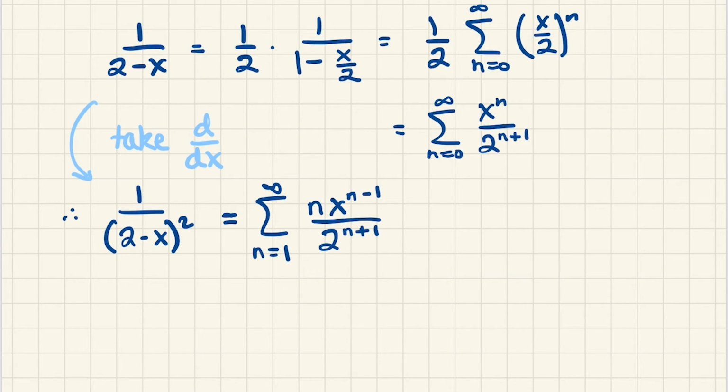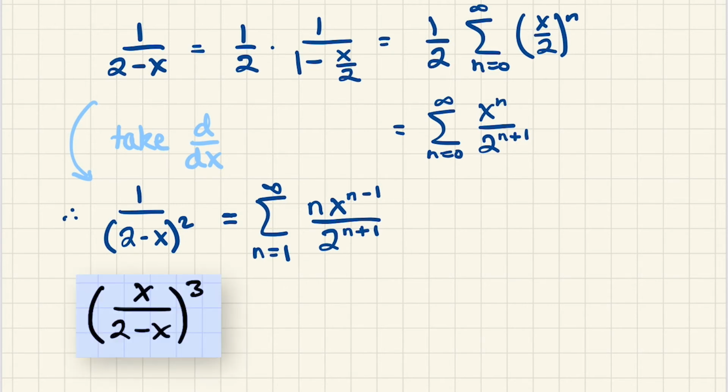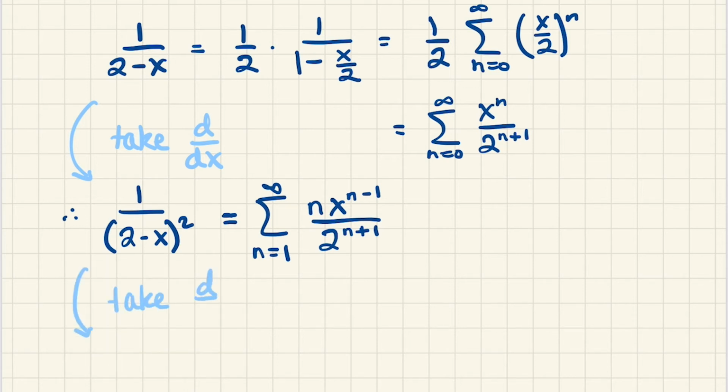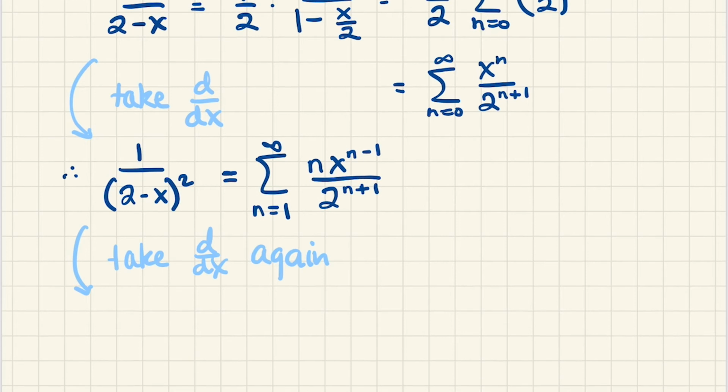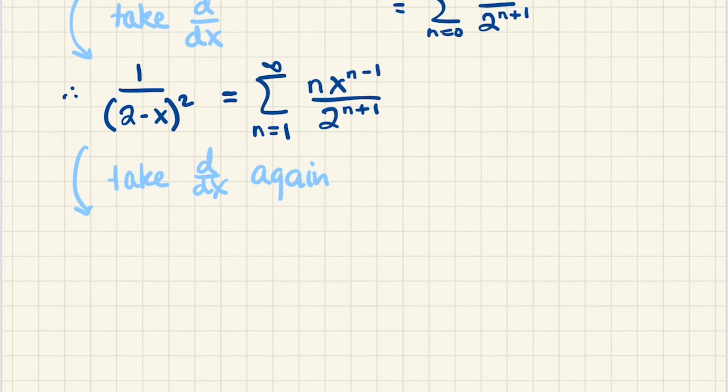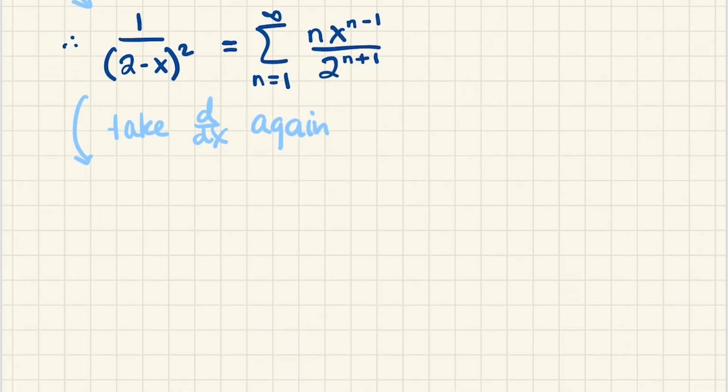Okay, well what we really want is this denominator to be cubed. So we're going to have to take another derivative, and that's going to do the trick, isn't it? Okay, this time the derivative of stuff to the negative 2 is negative 2 stuff to the negative 3. Of course, chain rule would cancel the negative as it has been.